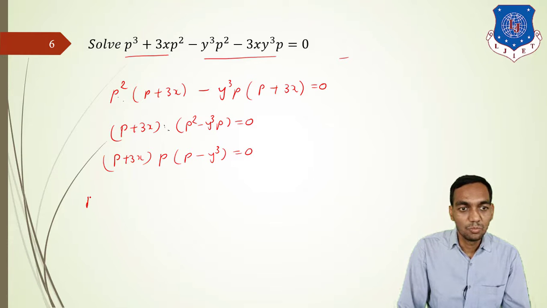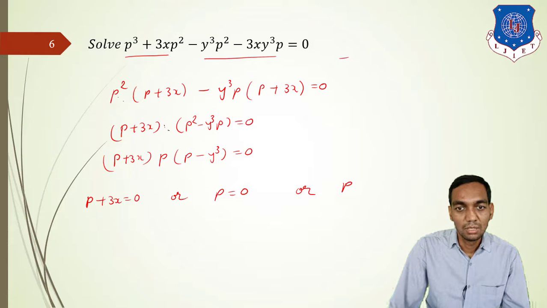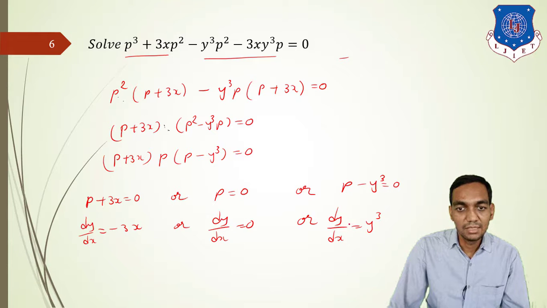So we have p plus 3x is equal to 0 or p is equal to 0 or p minus y cube is equal to 0. So here you have dy by dx is equal to minus 3x or dy by dx is equal to 0 or dy by dx is equal to y cube. Correct?